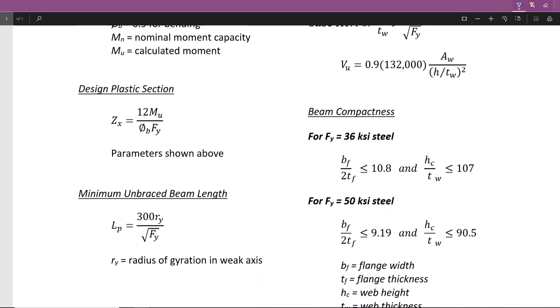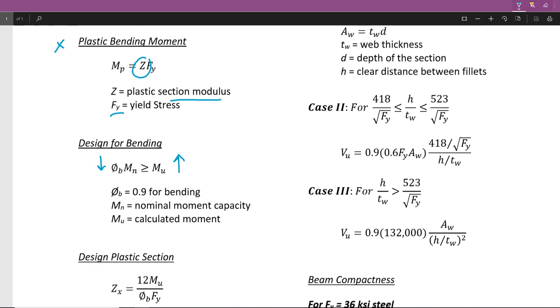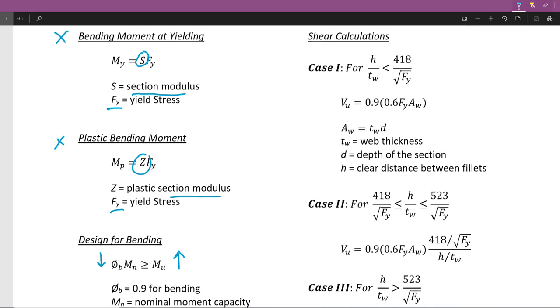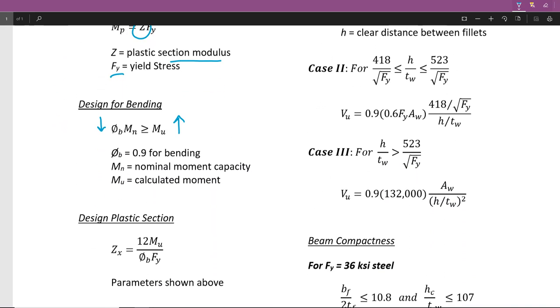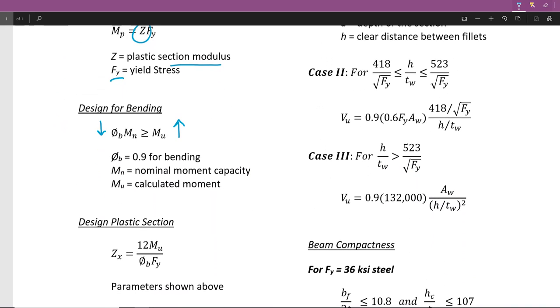This is the actual equation. It's the design form of the equation, where what we've done is we've come up here and we've substituted in our nominal failure, the ultimate bending capacity.